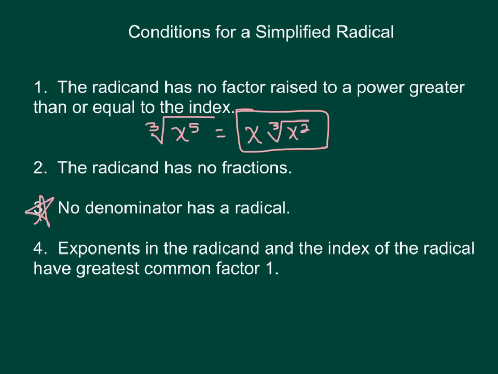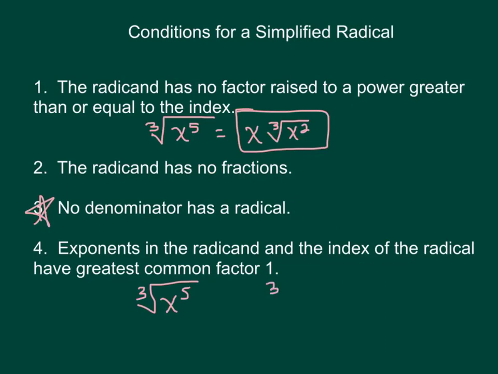It's not simplified yet. And step 4, exponents in the radicand and the index of the radical have a greatest common factor of 1. So we can go back to this example, cubed root of x to the 5th. So 5 and 3 don't have any common factors other than 1.